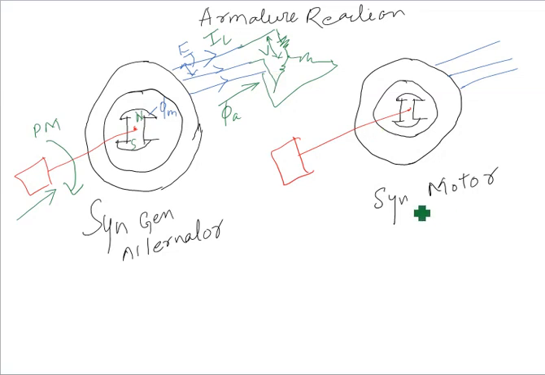What happens with the synchronous motor case? In the motor case, the energy is reversed, right? Energy is coming from your bus bar. This bus bar will give you the voltage, and the current I will flow from here.